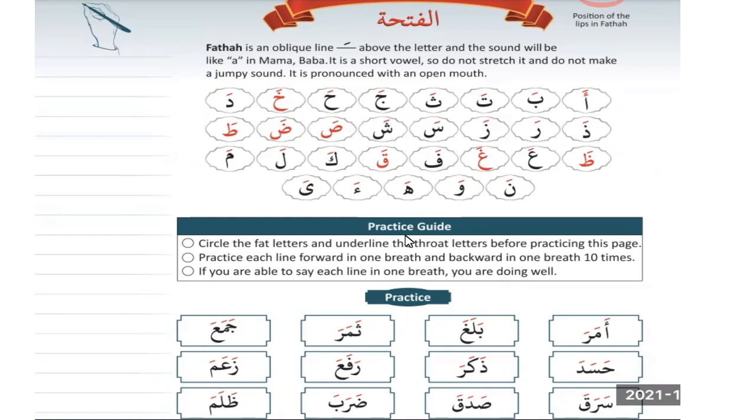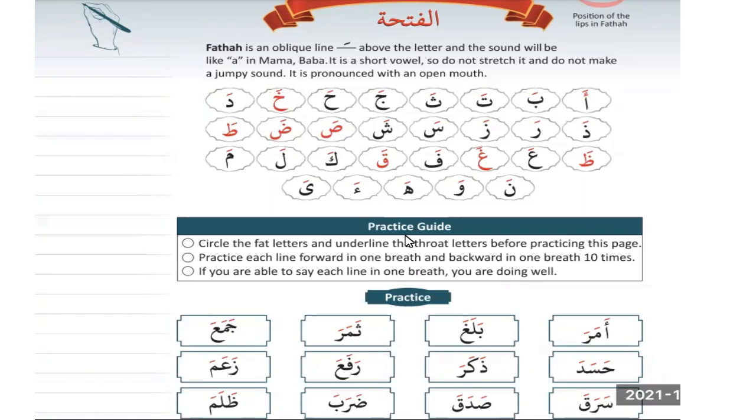But ha is the middle of the throat. We are making pairs: the top of the throat has two letters, kha and gha. The middle throat, we already did ha before, right? And now after za is ayn with fatha on it. Ayn fatha. Look at this: ha.